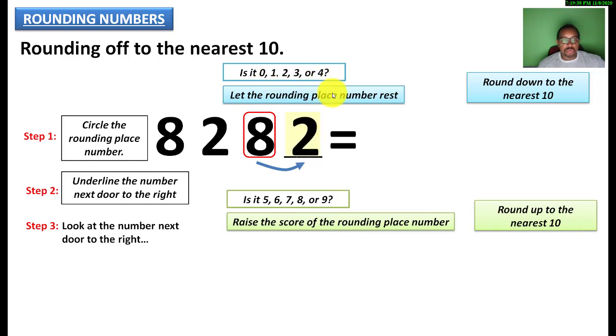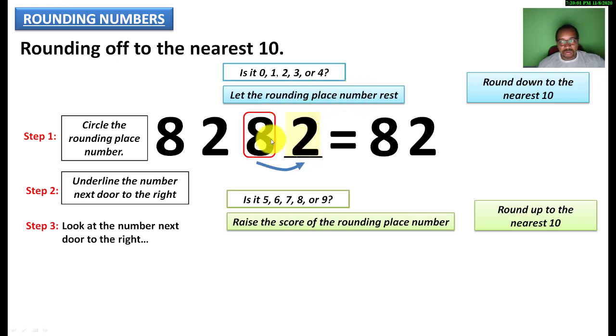Let the rounding place number rest. So these two numbers will come over just as they are, because we're making no changes to these. We're not dealing with the hundreds or thousands place. We're dealing with the number in the tens place because we're rounding to the nearest 10. Now, are we rounding up or down? We are leaving it right as it is.